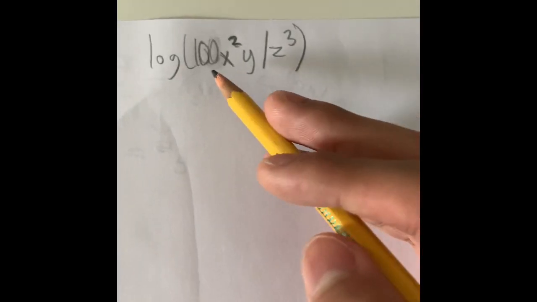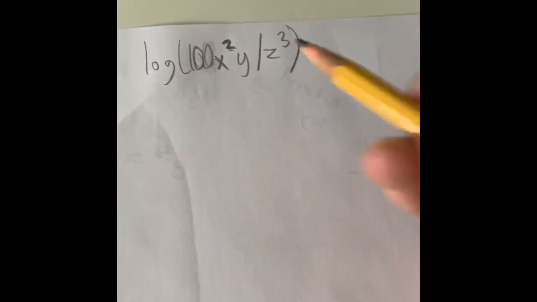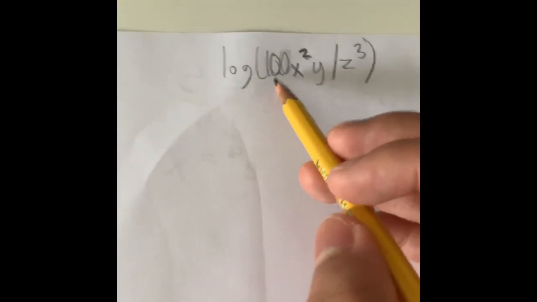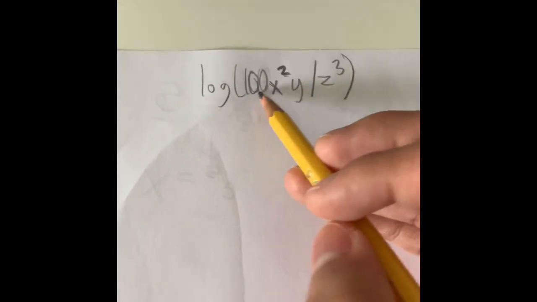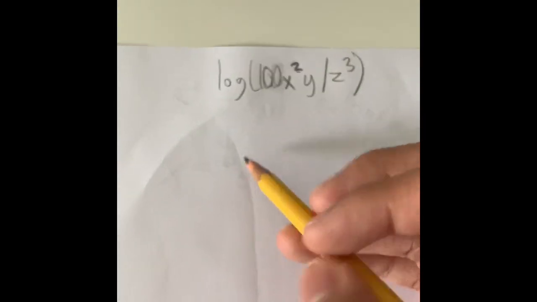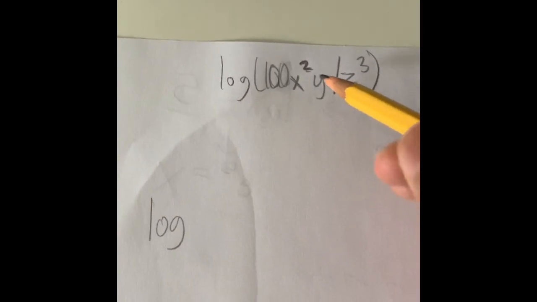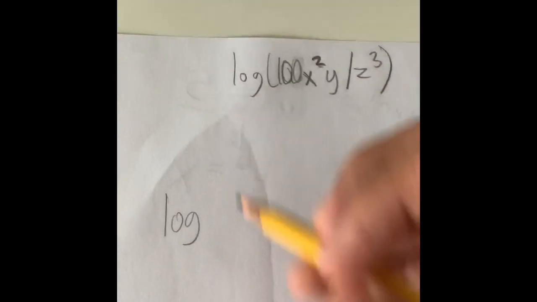So log of 100x squared y, over z to the third. So let's go one at a time. You see these are all multiplying by each other, the 100, x squared, and y. Since they're all multiplying, we can just add them up, right? Our rule is that times becomes plus.